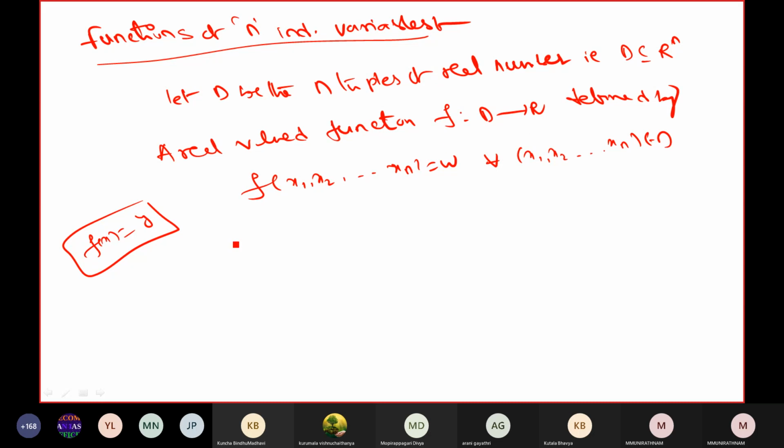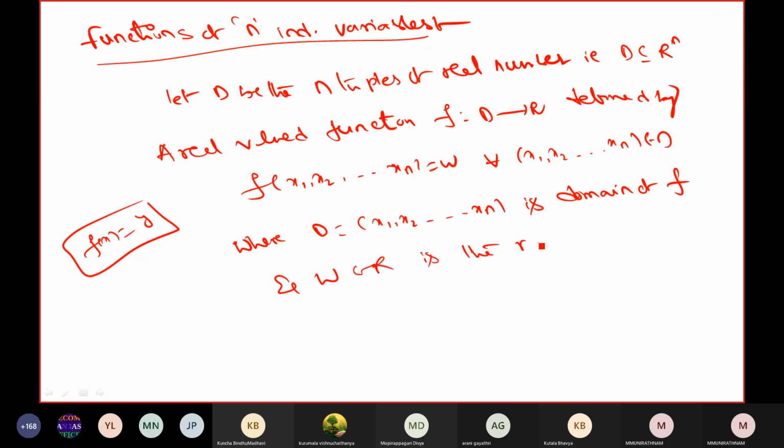Where D is nothing but the n-tuples x1, x2, and so on xn, the domain of f, and w in R is the range of f.